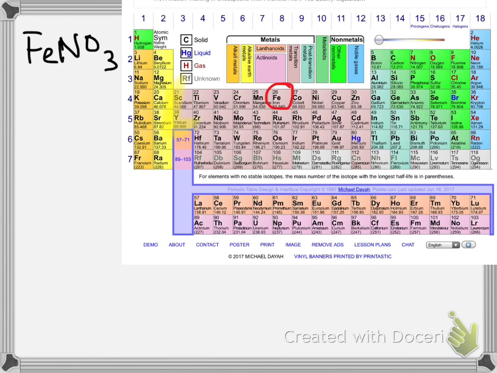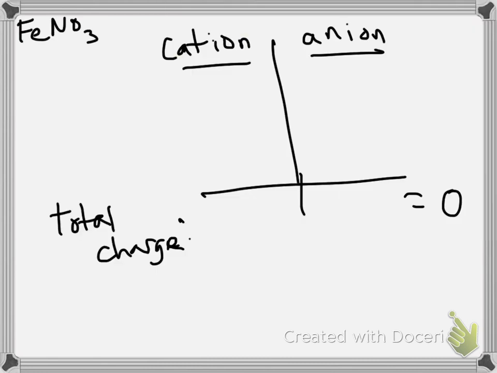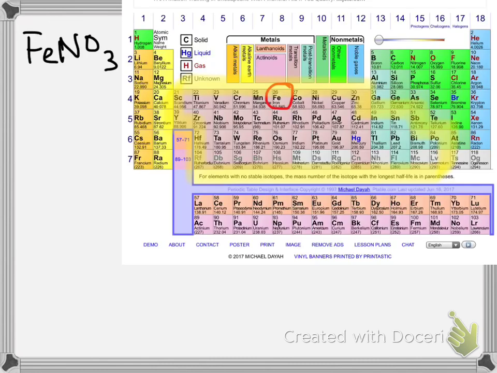Notice iron is in our box of multivalent compounds, which means we need Roman numerals when we name a compound with iron. So we need to figure out the Roman numeral for iron. That means we need a cation and anion chart.